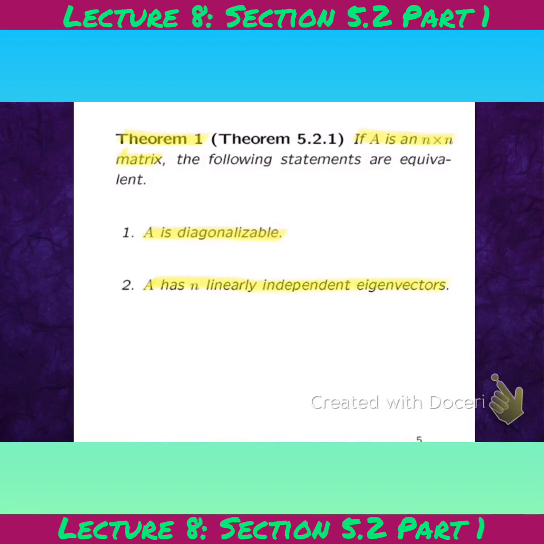So why are those two statements mathematically equivalent? Well, to prove that, we need to show that if A is diagonalizable, then A will have n linearly independent eigenvectors. And then we have to show that if A has n linearly independent eigenvectors, then that's going to imply that A is diagonalizable.